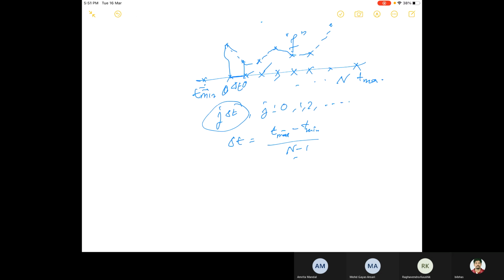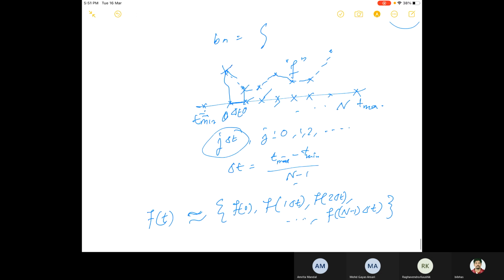Rather, I know the set of points f of 0, f of 1 delta t, f of 2 delta t, and f of n minus 1 delta t. These values I get about the signal.